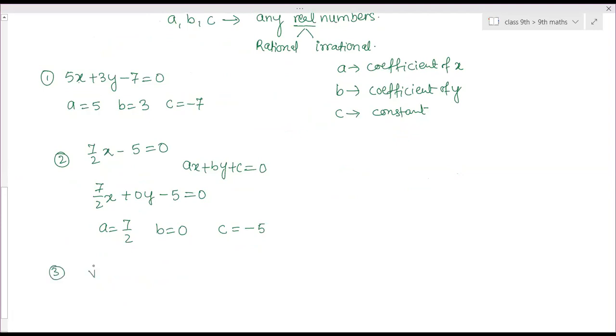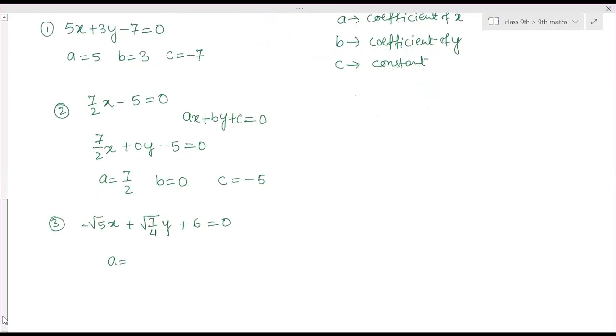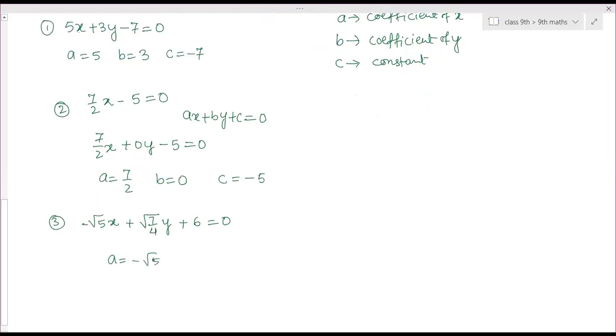Third one: minus root 5x plus root 7 by 4 y plus 6 is equal to 0. What is the value of a? Minus root 5. b?